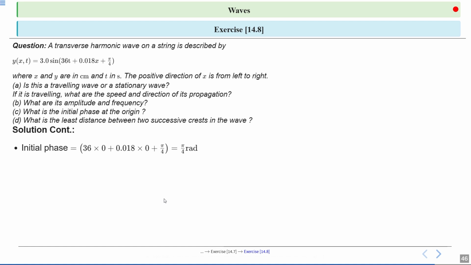Initial phase is 36 into 0 plus 0.018 into 0 plus pi by 4. Solving this, you will get pi by 4 radian. Since both 36 and 0.018 are multiplied by 0, their contributions are 0. Therefore the initial phase is simply pi by 4. Clear?